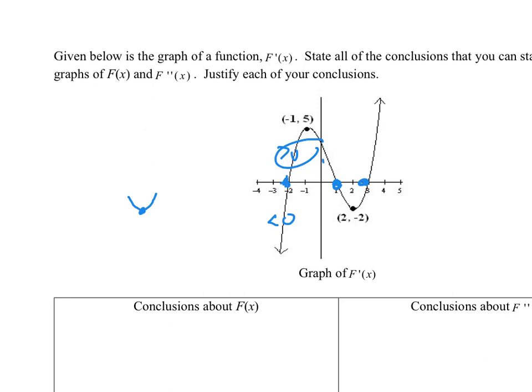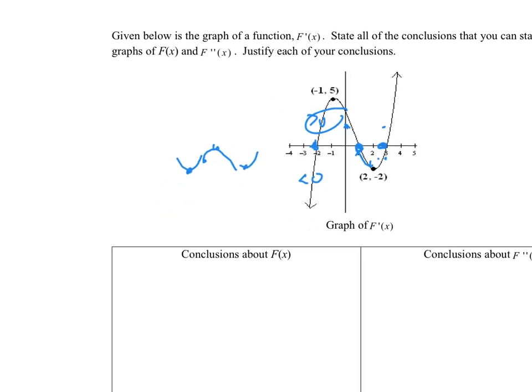It went from being greater than 0 to less than 0, from increasing to decreasing. So I have a max here. It stays that way till it goes from less than 0 to greater than 0 here. So look at that, I have 2 mins and 1 max on the regular function.